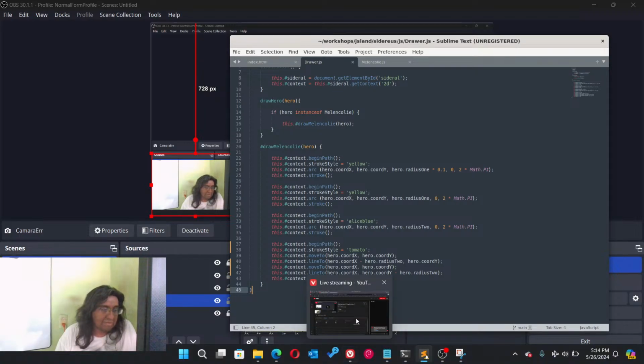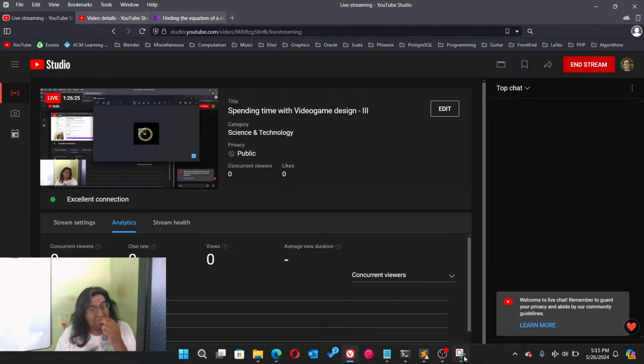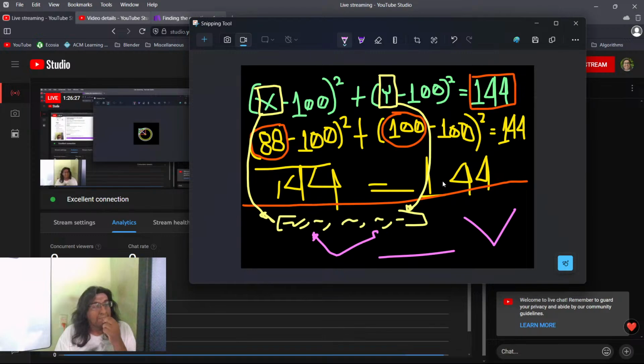What are we going to do right now? Because we have several ideas. We have our equation. We have a test to see if any given point xy is in the circle.